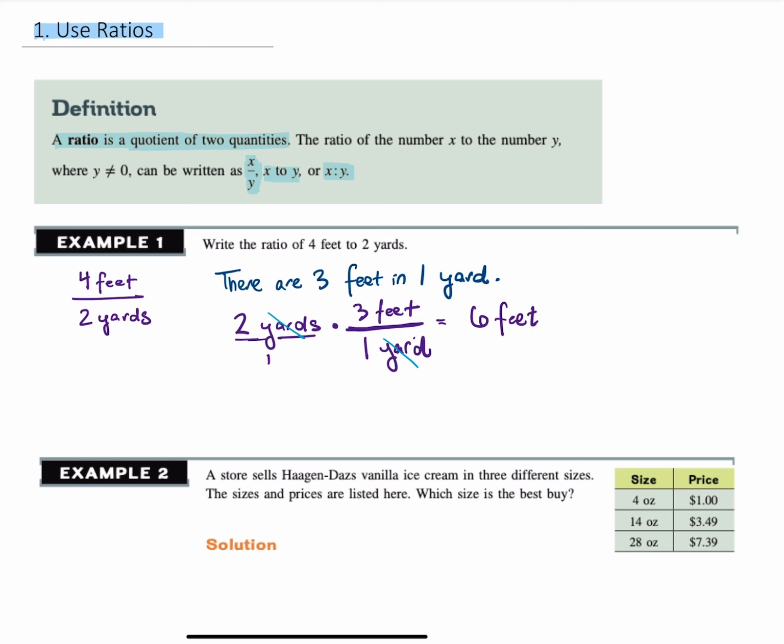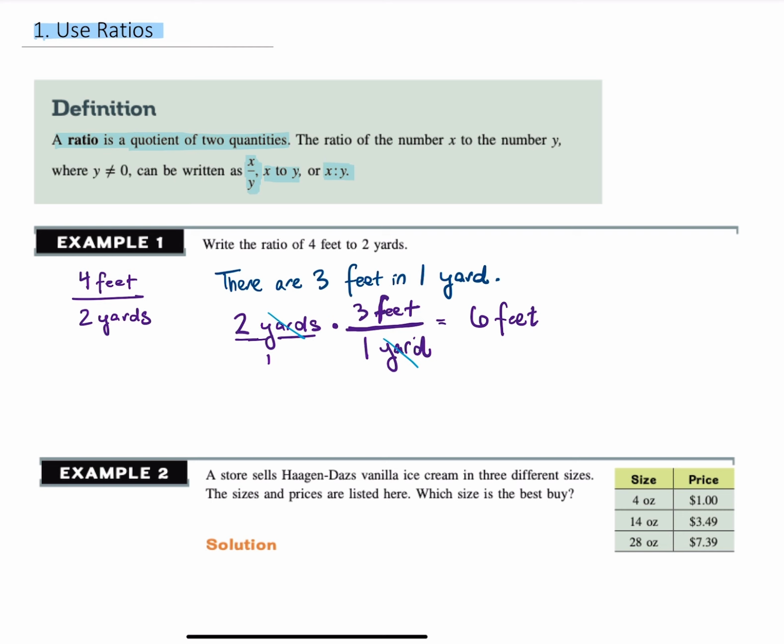Again, that's a pretty simple example, but we'll use that same strategy of setting up a multiplication by a fraction where the units we want to cancel are on the bottom and the units we want to convert to are on the top.